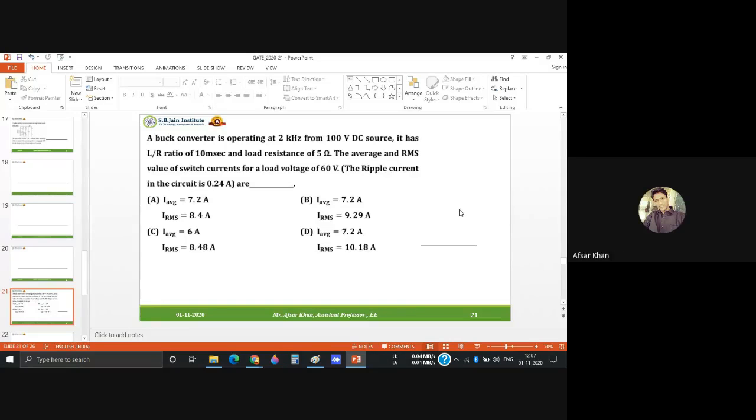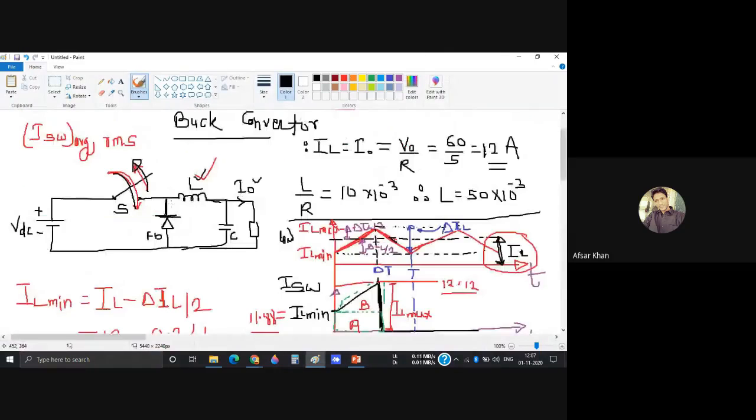So see here, it is asked for switch current. Switch current means this current through the switch. If it is asked for diode current, then how should we find diode current, students? Is diode current flowing during the on period or off period? Off.